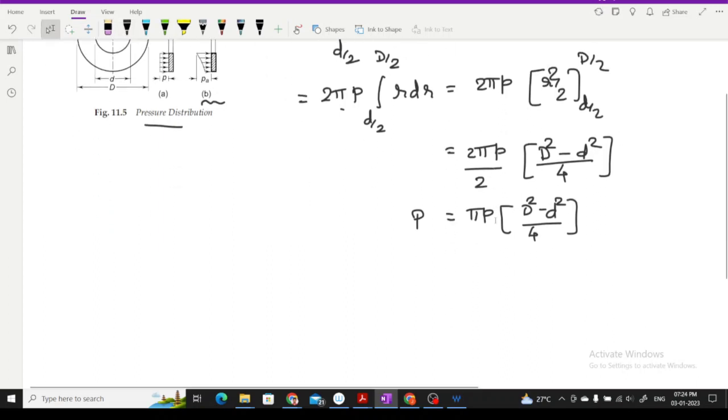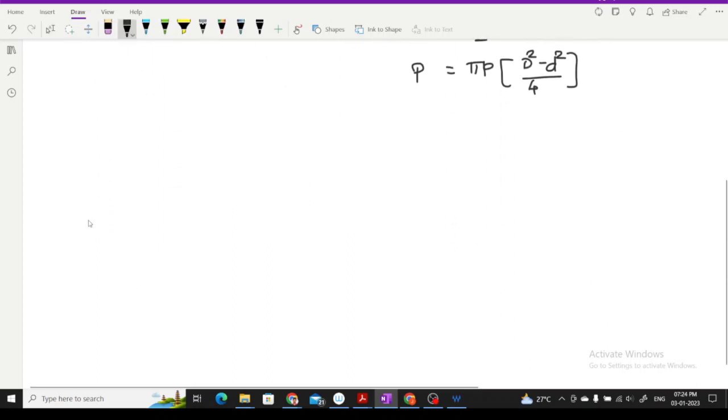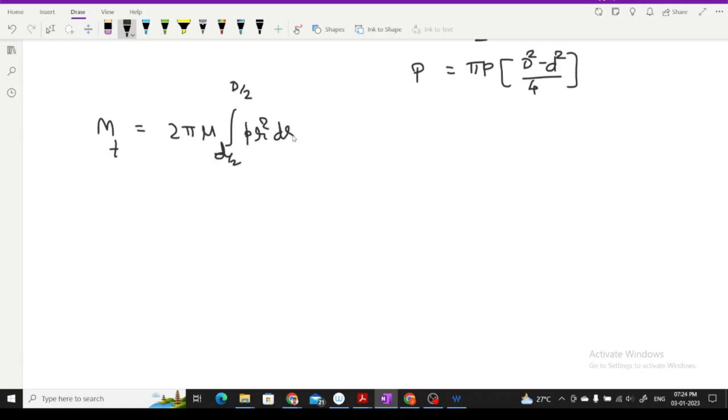Similarly, you can also calculate the frictional torque in case of this uniform pressure theory. That is, this we have written, right? This 2 pi mu, integrated from d by 2 to D by 2, p r square dr. Here you will take out that pressure also because we are considering it as constant.